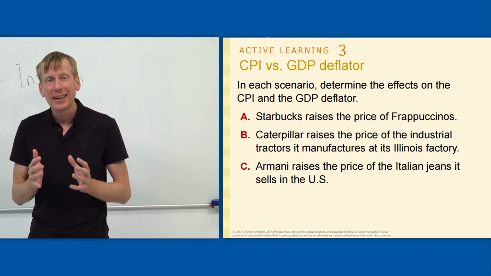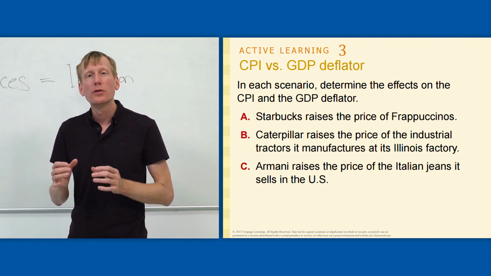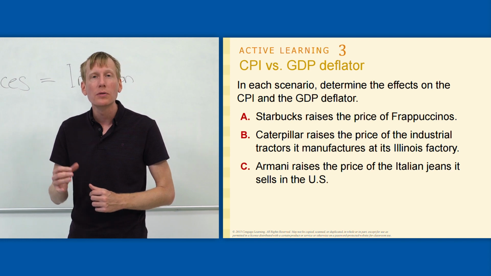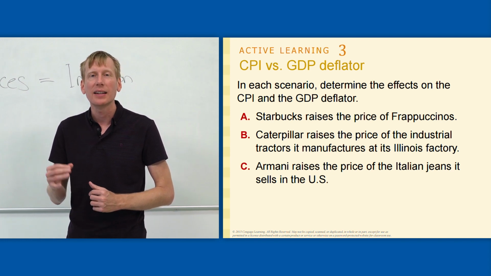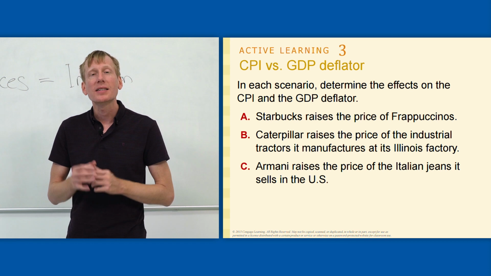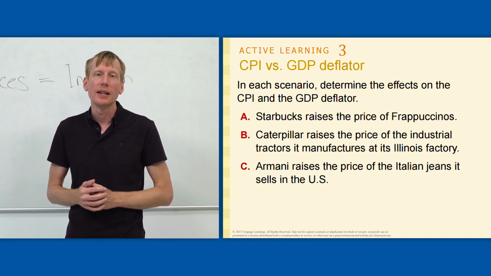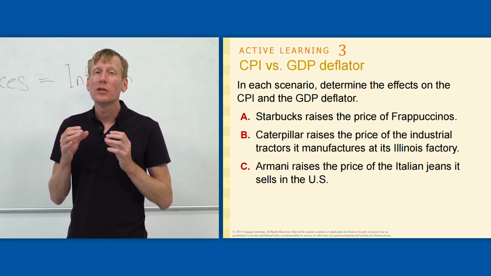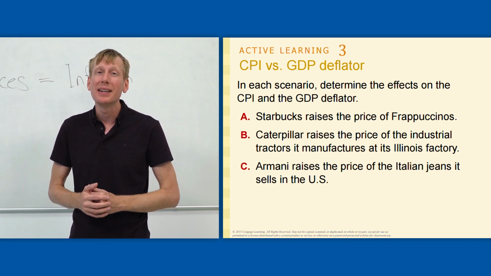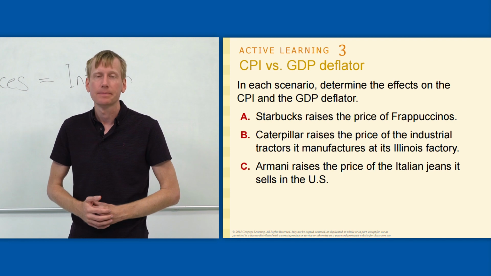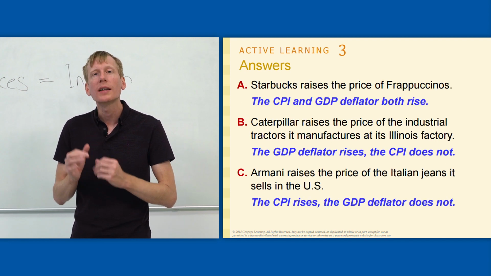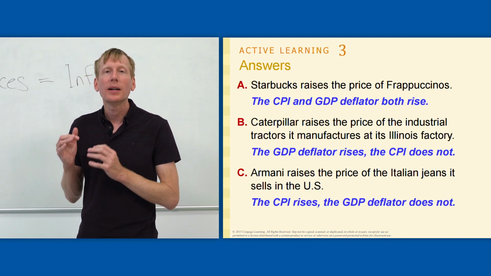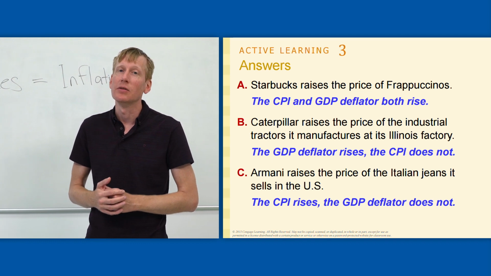On the other hand, this is not a good that's produced in the United States. It's produced in Italy by an Italian company. And because it's not produced in the United States, it shouldn't affect US GDP, therefore shouldn't be part of the GDP deflator's basket. So it affects only the CPI inflation, but not the GDP deflator inflation.